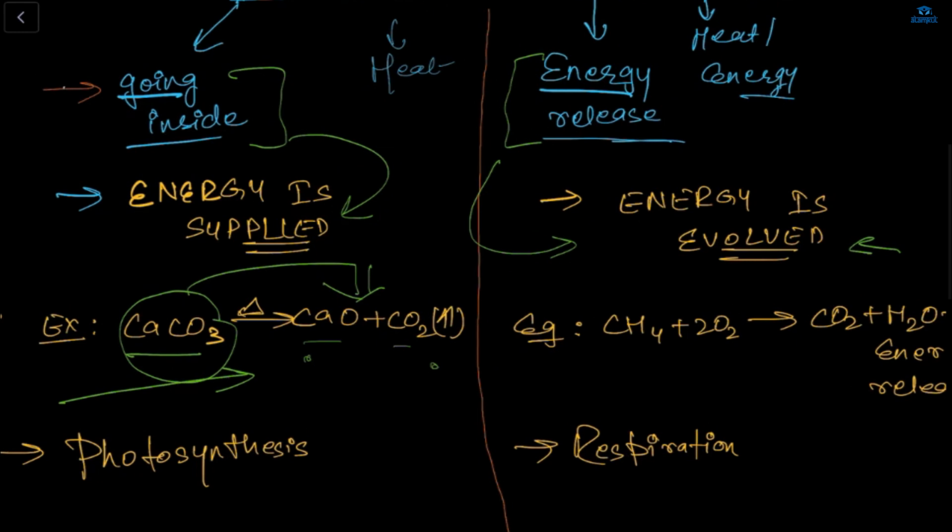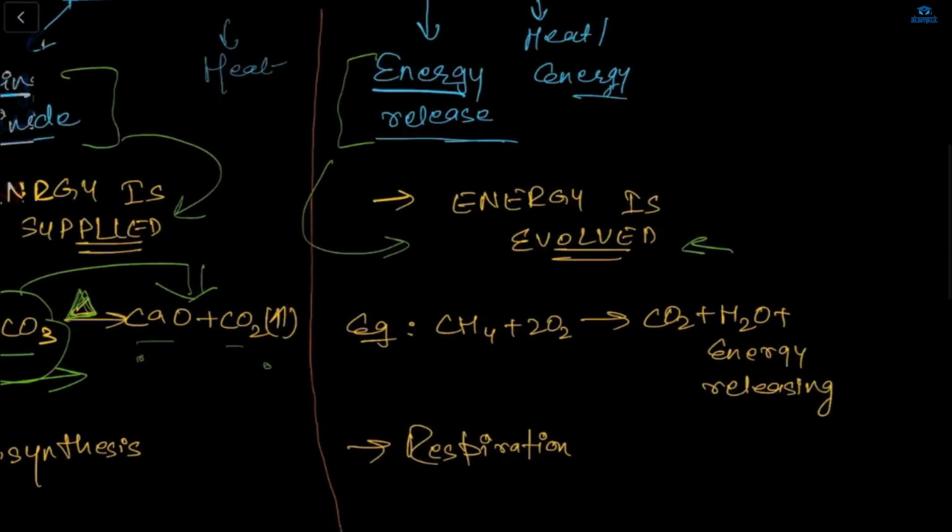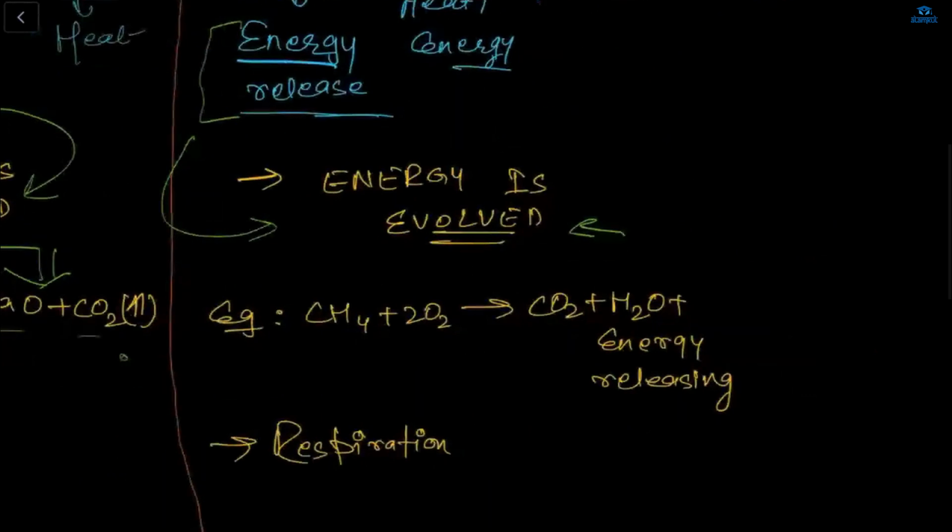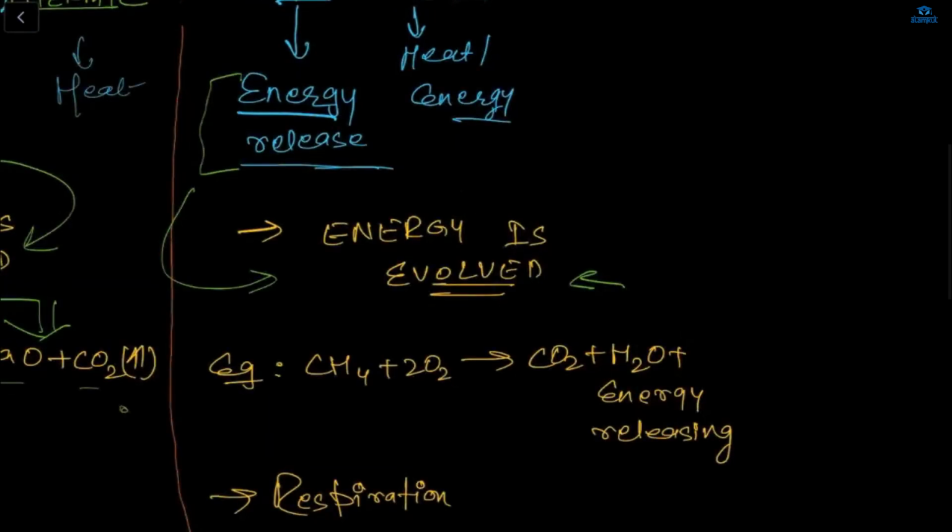After applying energy, this is my symbol of heat, so after applying heat, we get CaO and CO2. And here this is also a chemical equation: CH4 and 2O2 give carbon dioxide and water, and here the energy is released.